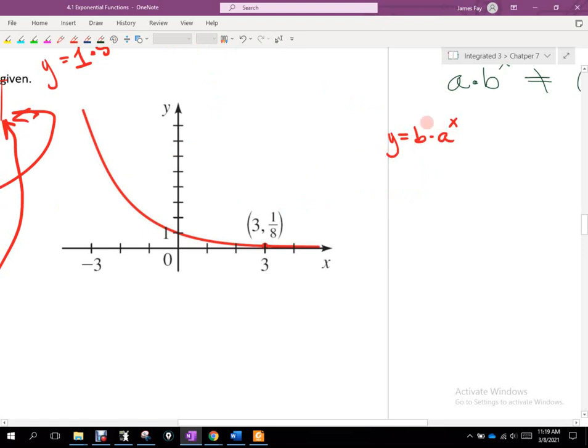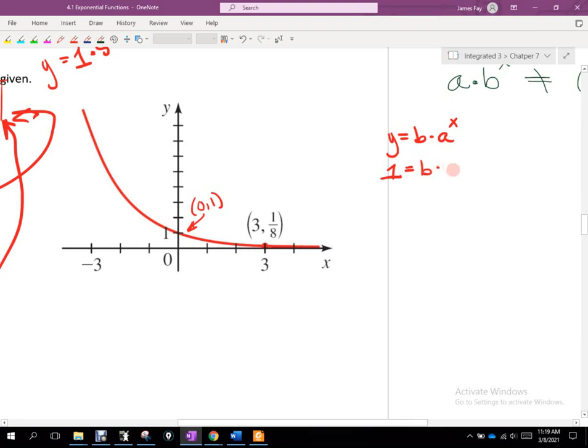Okay, what is the first y and x that you're going to plug in? You're always going to plug that first (0, 1) point in. So y is 1.